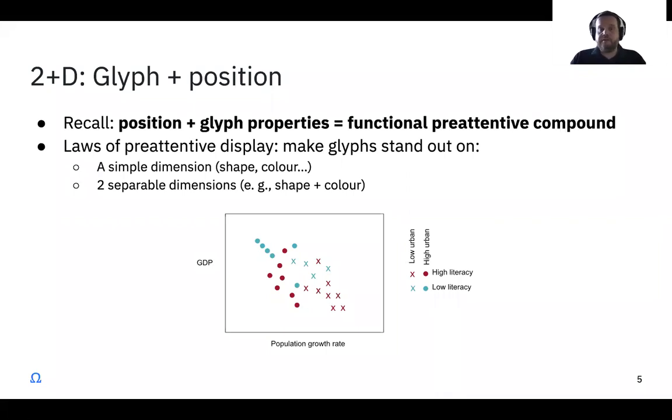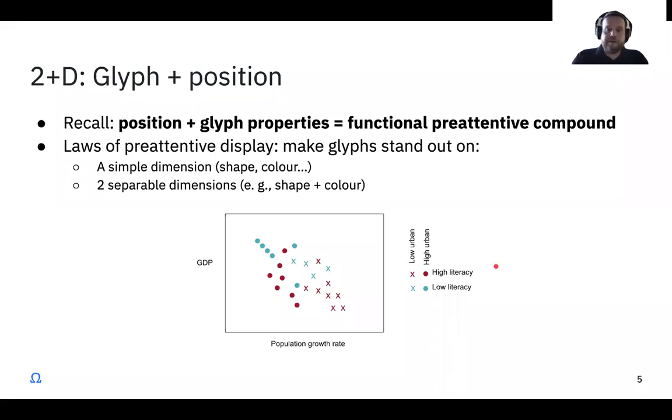And if you recall the laws of pre-attentive display in detail, you might remember that we either want to encode a simple dimension, so the glyphs stand out on a simple dimension such as shape or color, or max 2 so-called separable dimensions, which can be, for example, shape plus color, as we see on this plot. Those would be those where you can select where you will visually split your point of view, basically.